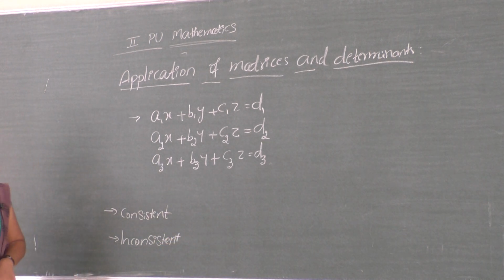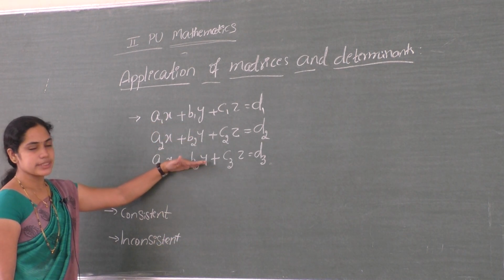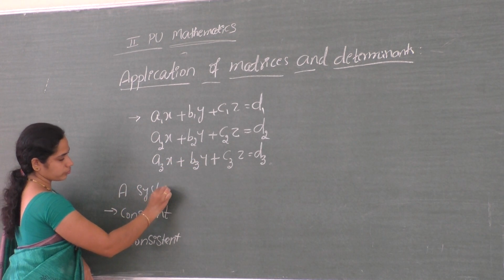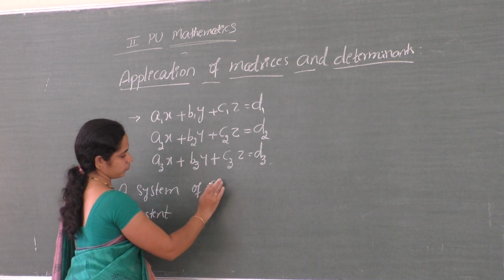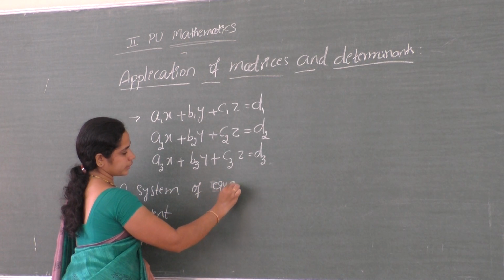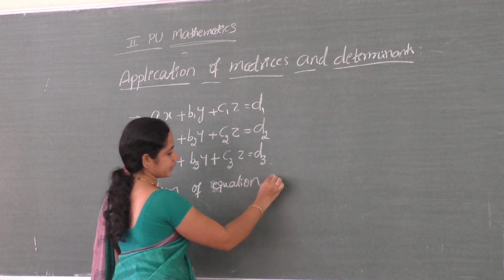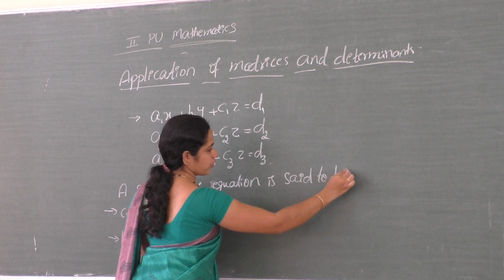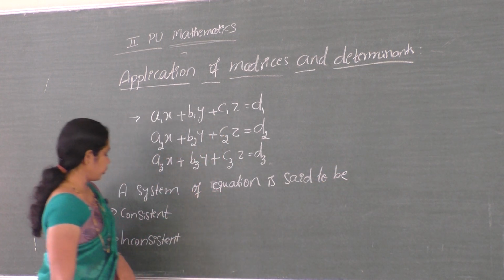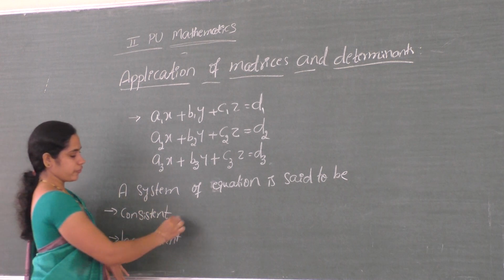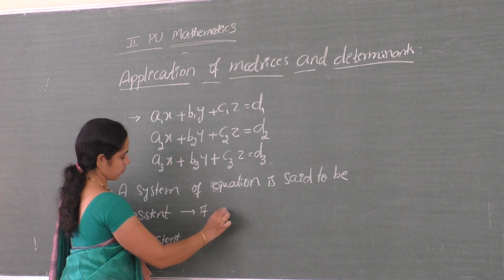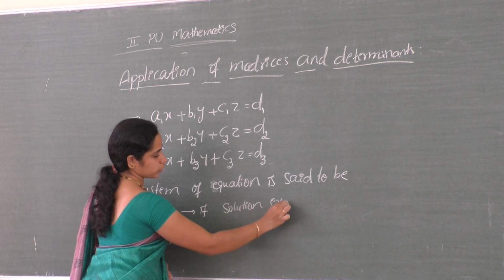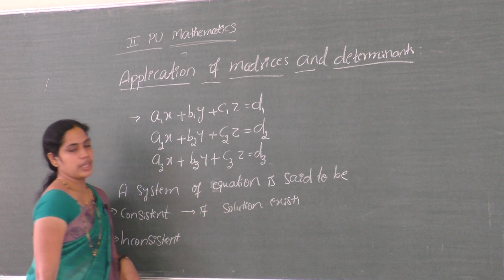Consistent and inconsistent. Suppose this is the system of equations. A system of equations is said to be consistent if a solution of the system exists.